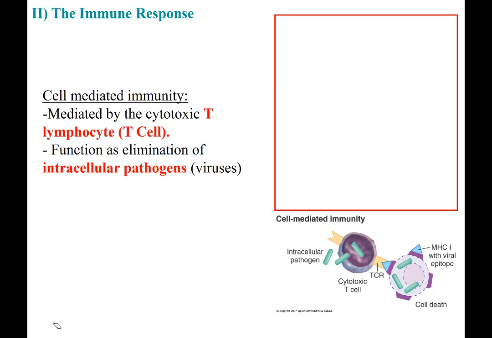So cell-mediated, like the name means, it's directly mediated. It's cells that are directly in contact with the antigen. Before I was talking about B cells producing antibodies, and then the antibodies were going to bind to an antigen. So the B cells were not directly in contact with the virus or the bacteria. For the cell-mediated immunity, that's the case.